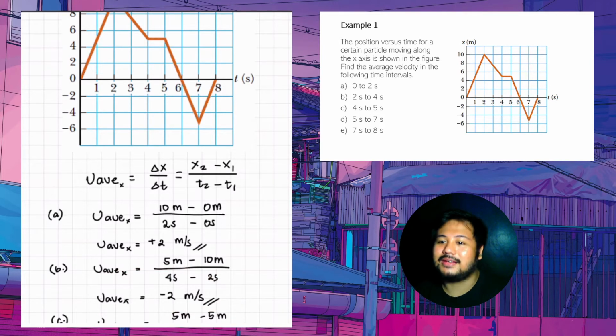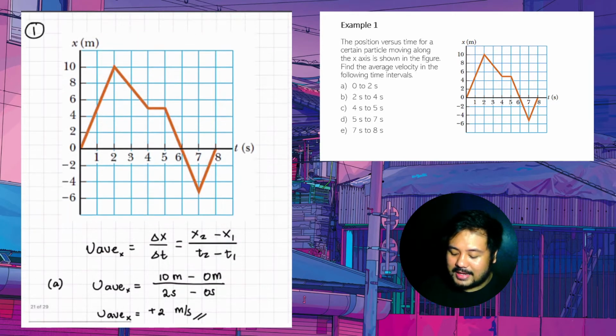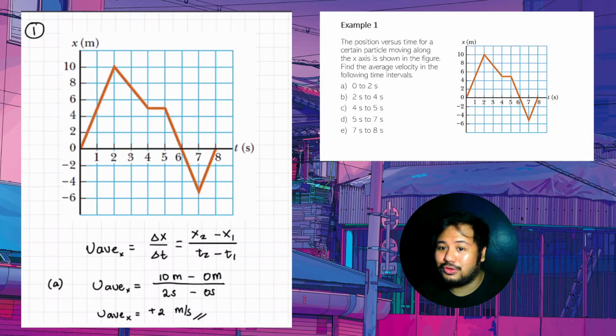That is now our answer. For letter C, 4 seconds to 5 seconds, this is coming from this point going to this point. As you can see, we only have a horizontal line. Obviously, there should be no slope there, or the slope should be equal to 0.